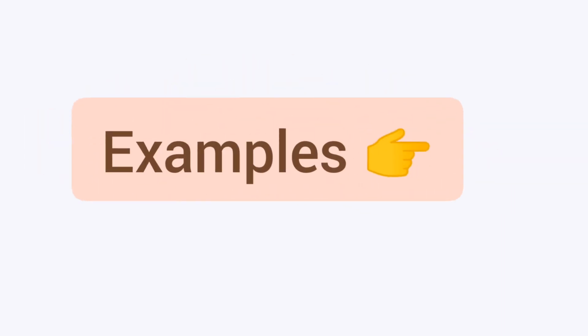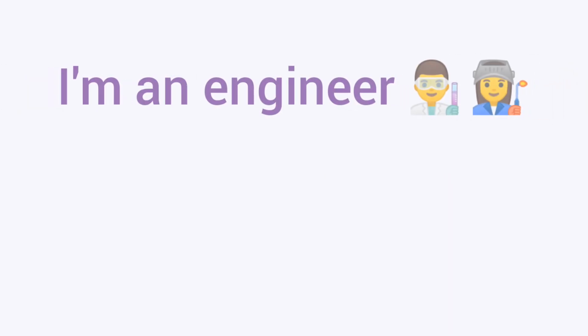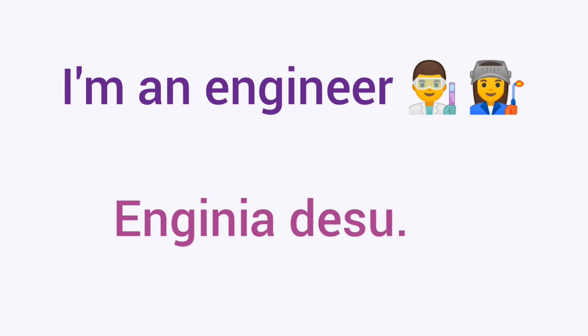Let's see some examples. First one: I'm a student. Gakusei desu. Gakusei means student. I'm an engineer. In Japanese you can say engineer desu.